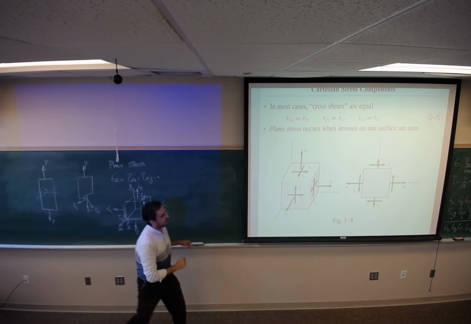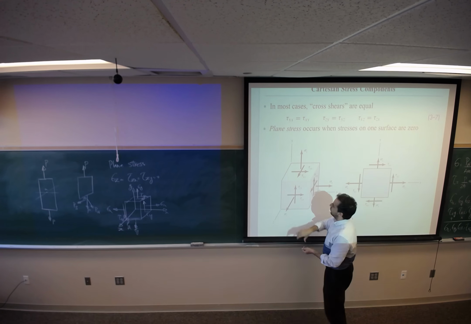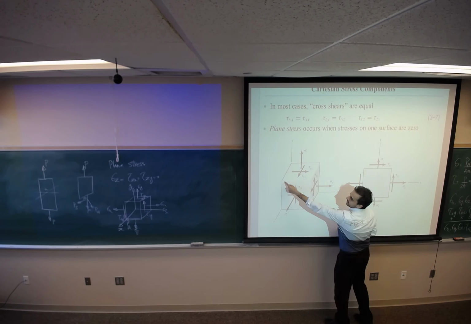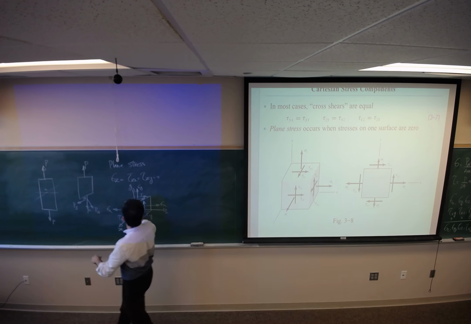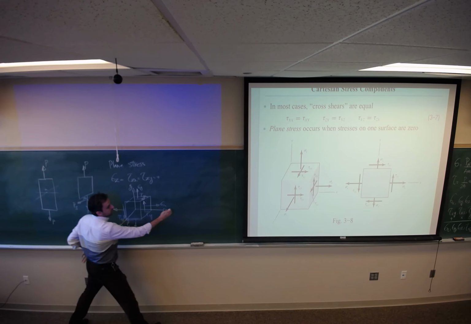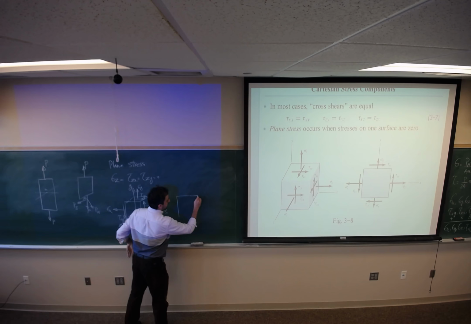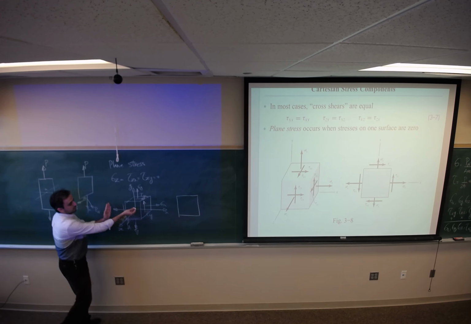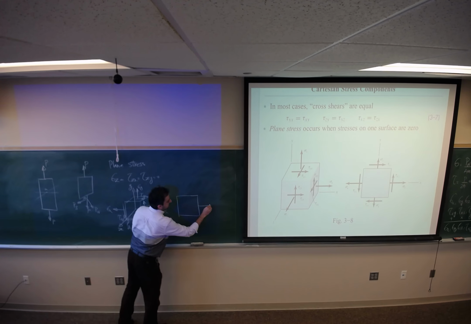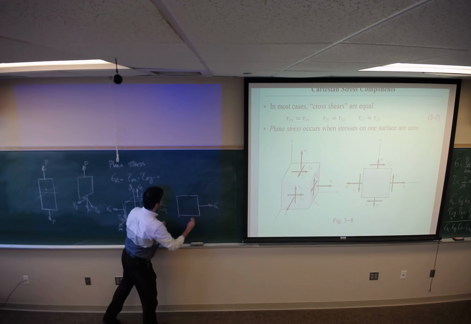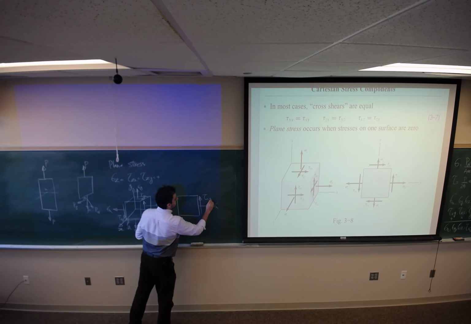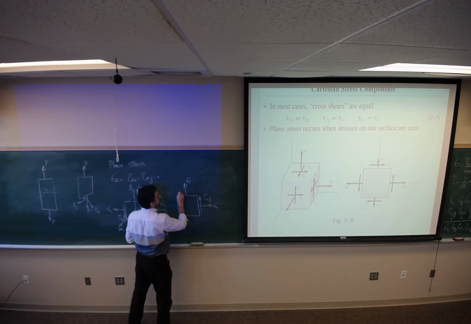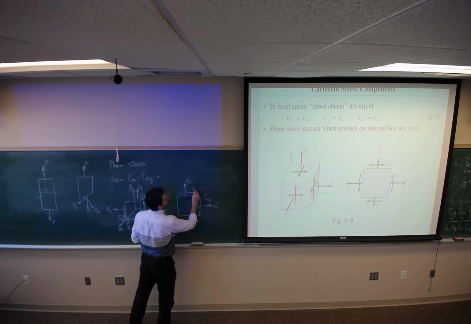Now, if you look at this cube from the front side, you are gonna see just one square, with no stress applied to that. You don't see anything on this square, but from the side you will see sigma x, tau xy, sigma y, tau yx or xy, they are the same.